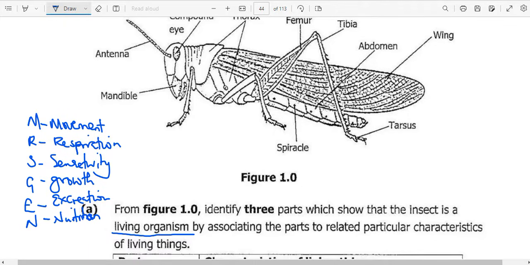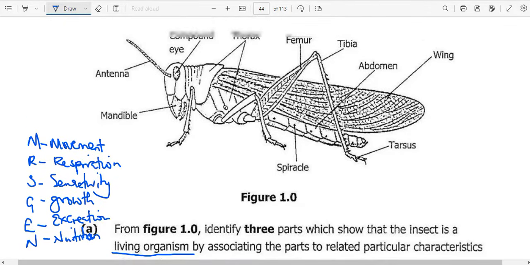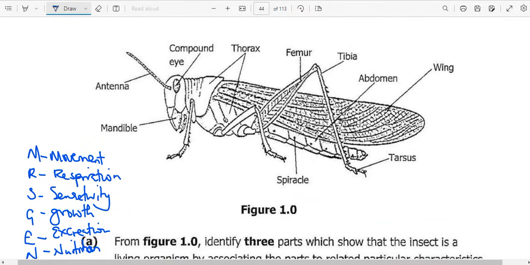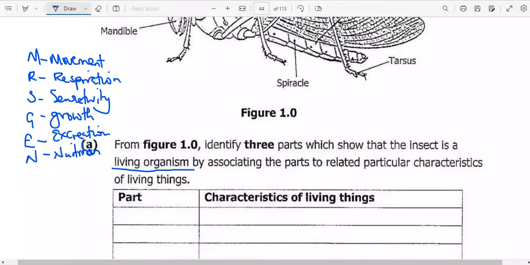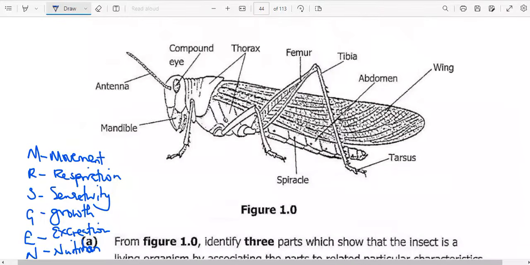So we can look at the insect given. We have to know and identify the parts. Now we have part 1. From the insect, part 1 is the antenna.